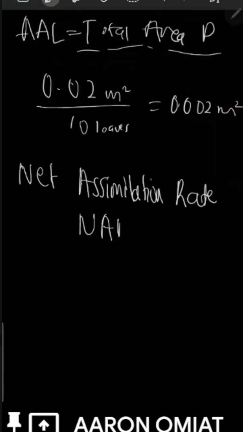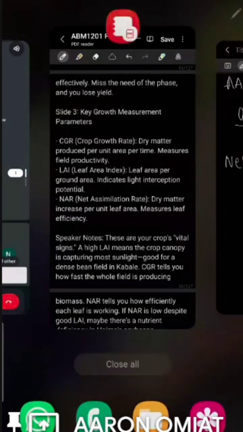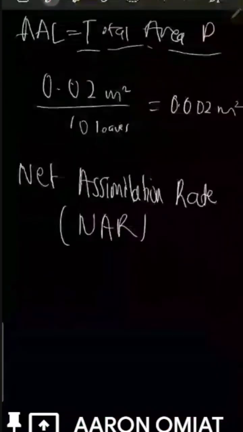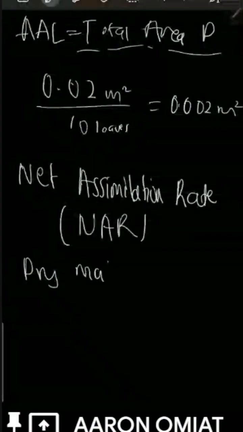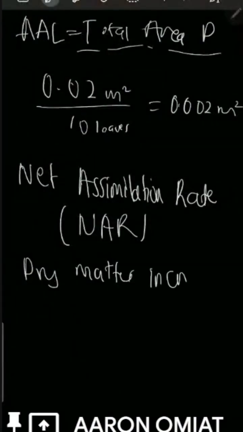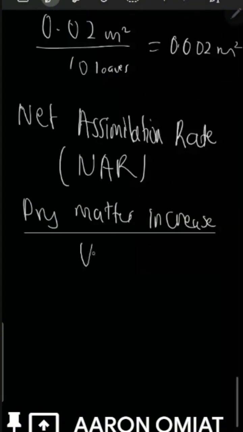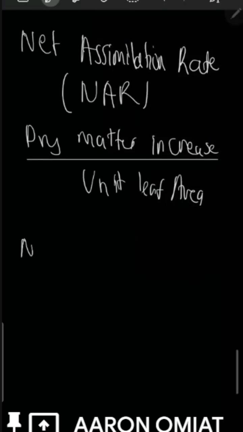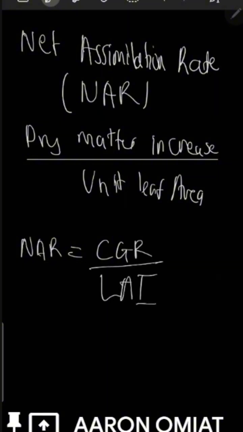This is the NAR: it measures the dry matter increase per unit leaf area. And in simple terms, NAR is equal to the CGR divided by the LAI, leaf area index.